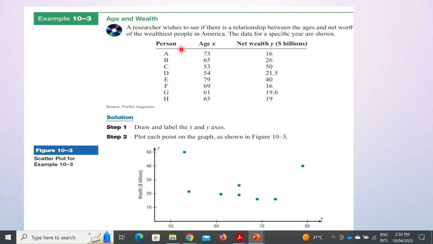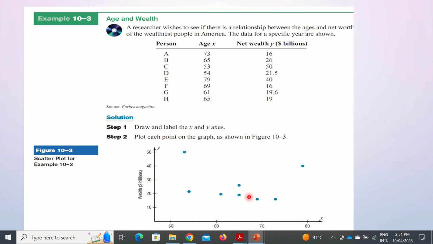That's the net wealth of A, and the same for B, C, and so on. If you draw the plot of it, we're taking the ages on the x-axis and their wealth in billions on the y-axis.